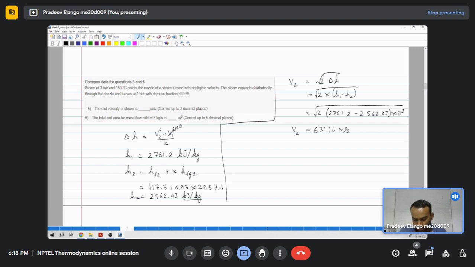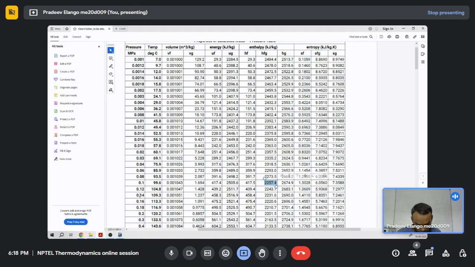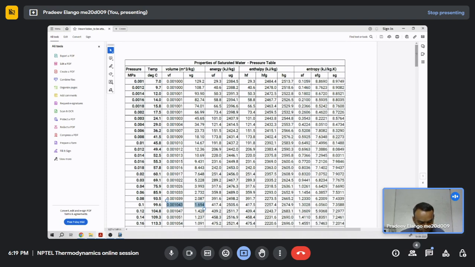Now we need to find the total exit area for mass flow rate of 5 kg per second. So to find the total flow rate, we have m dot is equal to rho into A into velocity. Now we know the velocity at second state, area is unknown, and rho can be found out using the specific volume from the steam table. Now we can look into this steam table and find the specific volume for the water and vapor state.